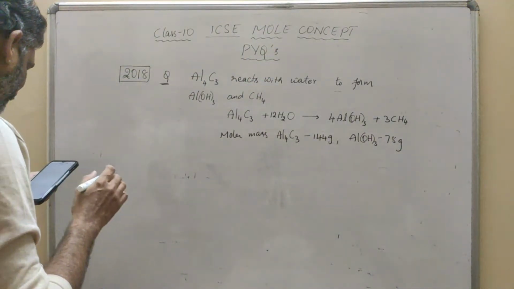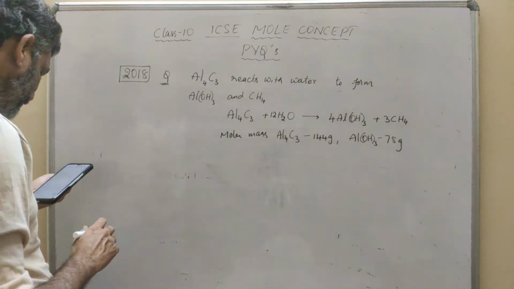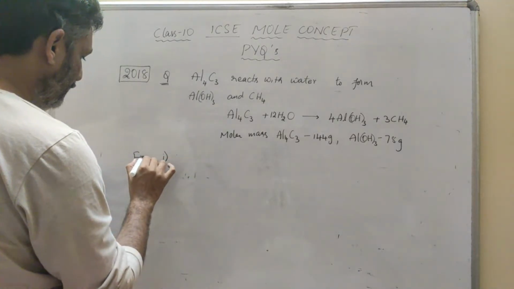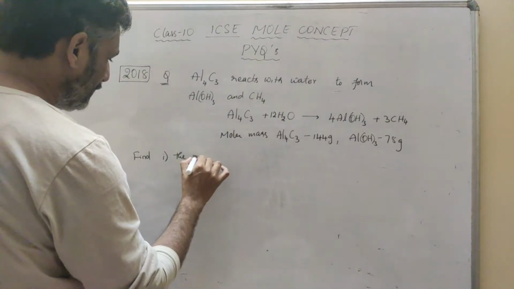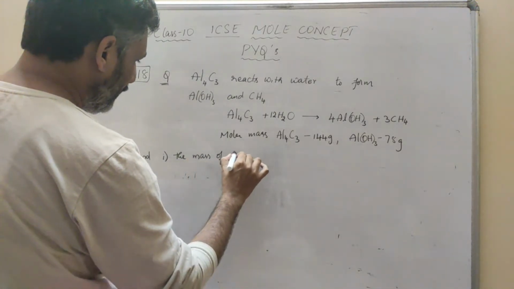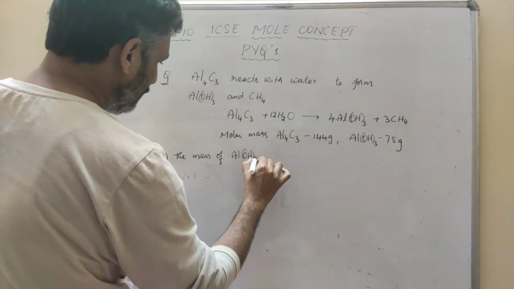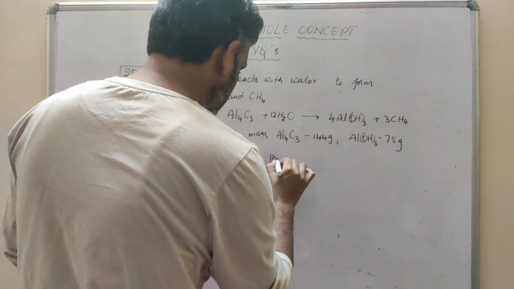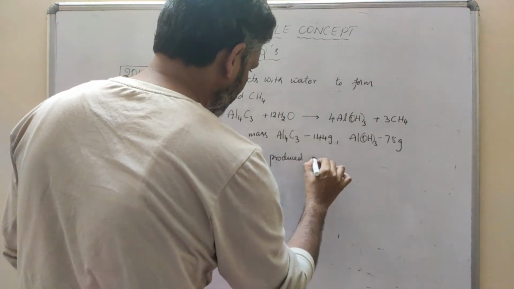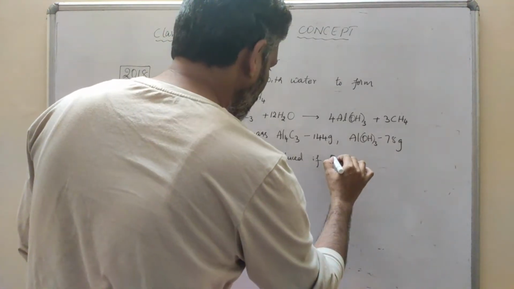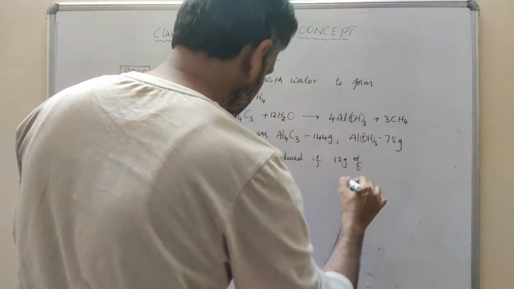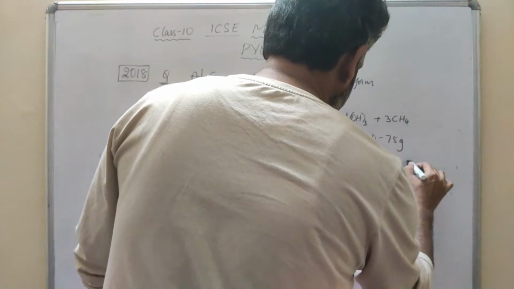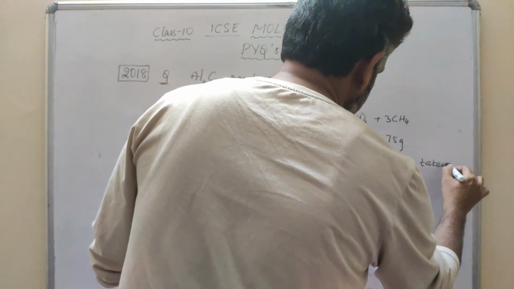Then he is asking us to find the mass of aluminium hydroxide produced if 12 grams of aluminium carbide is taken in this reaction.